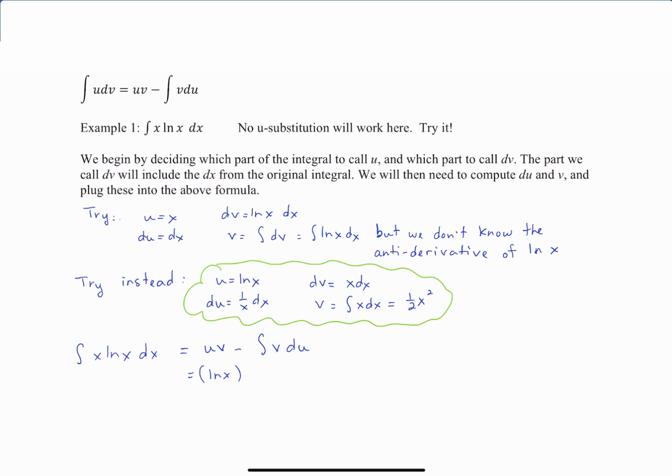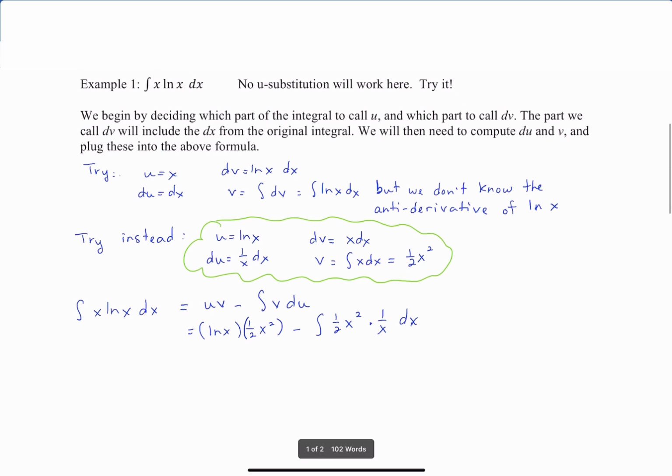V is 1/2 x squared. Then I have minus the integral of v, again v is 1/2 x squared, times du, and our du was 1/x dx. We're not stuck at this point, so let's keep going.